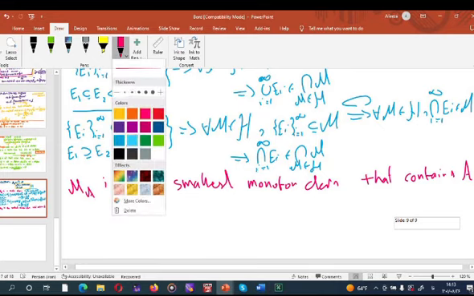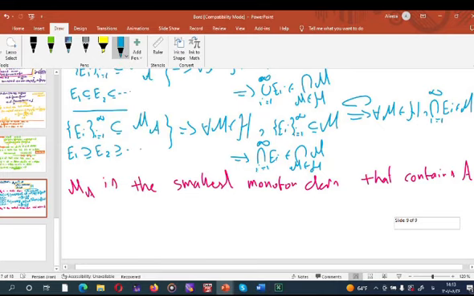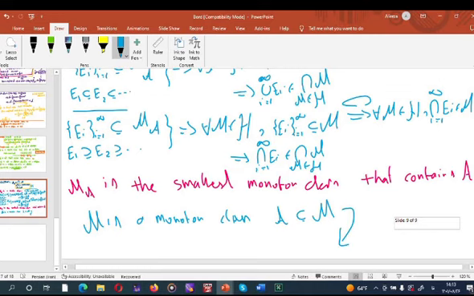It is very trivial too, because if M is a monotone class and A is a subset of M, then this M must contain MA, because MA is the intersection of all of these monotone classes.